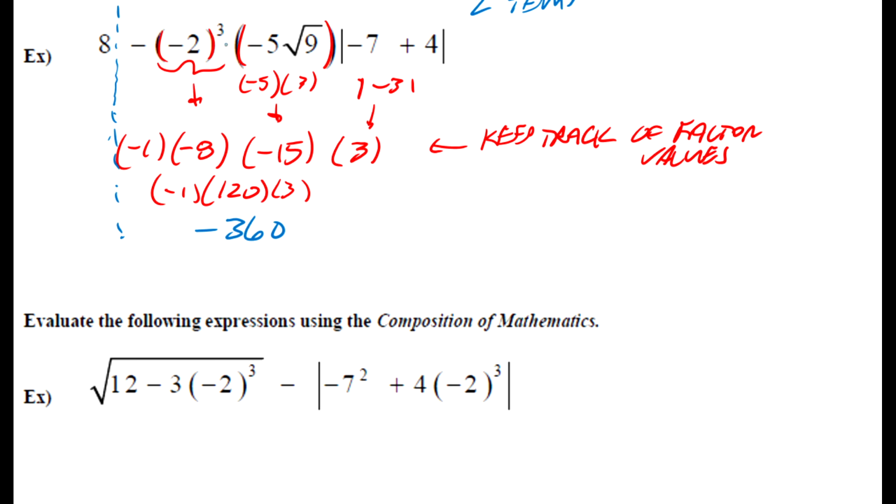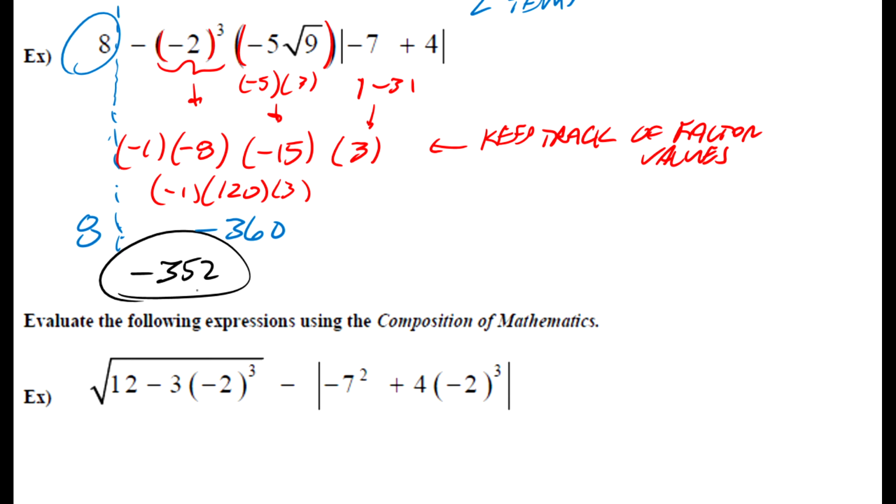Now that's just one of my terms. I also have my 8 as another term value. So again, the column is telling me to keep track of those term values. Once I have my term values, now I can finally combine. -360 and 8 is a -352.